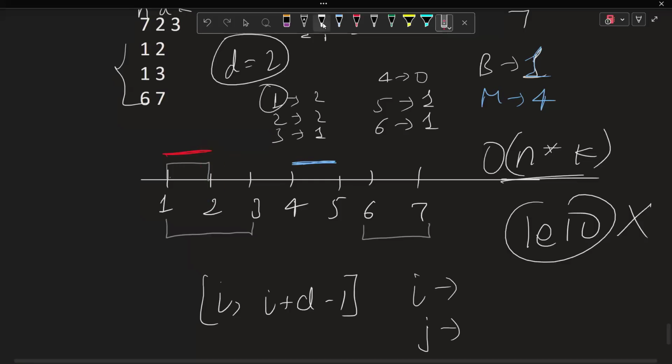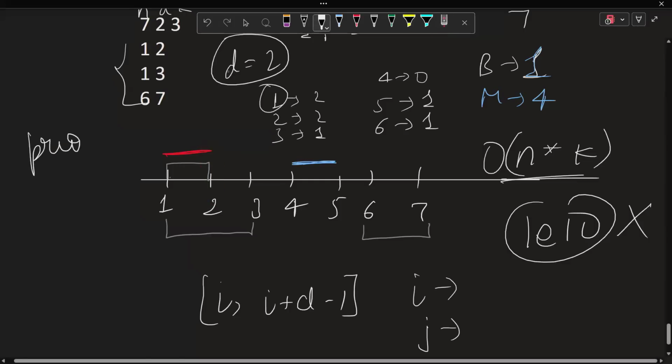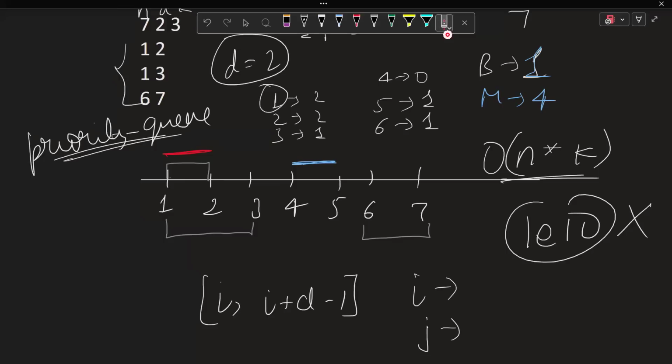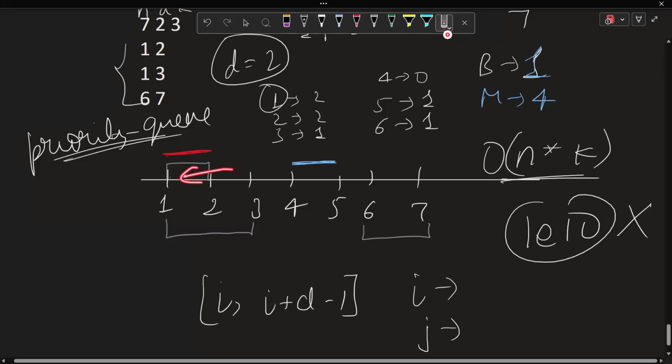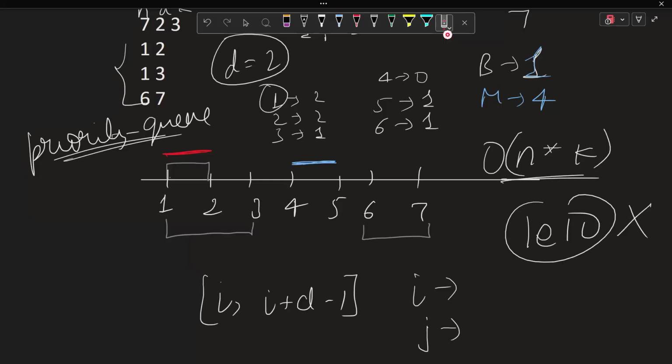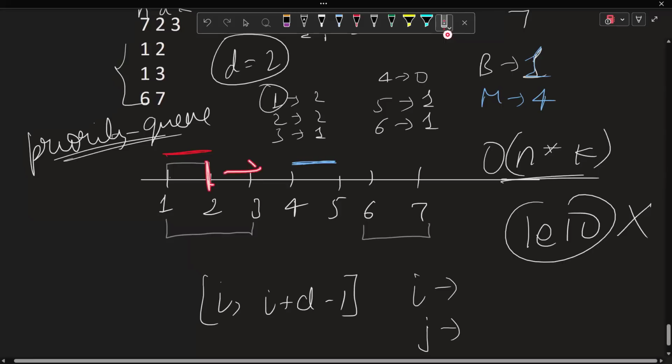So basically you can use a priority queue and store the ending points in that priority queue. A priority queue would always store either in ascending or descending order. What we need here is to remove all those which have ended first. That would be removed first, one by one on the basis of the order of ending points.